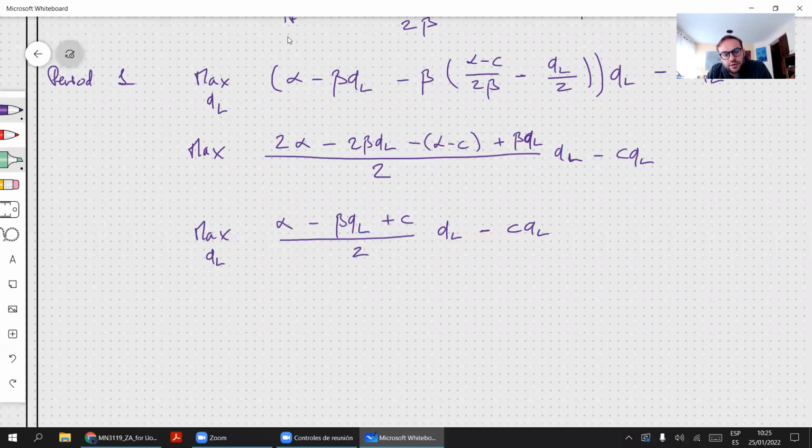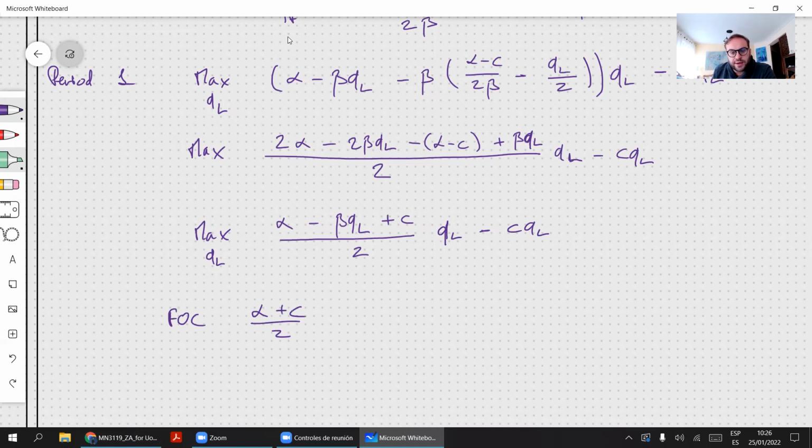Once you have that, it's very easy to find the first order conditions, which are going to be, so I'm deriving by QL, which gives me alpha plus C divided by 2. This doesn't change.